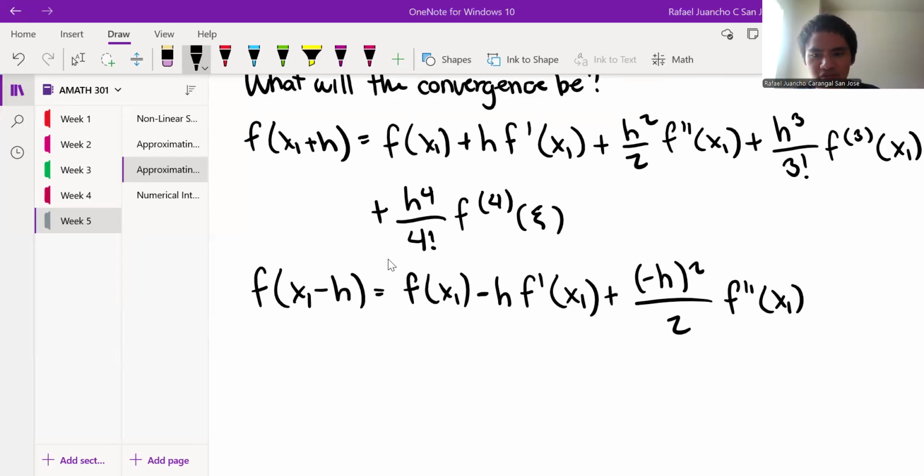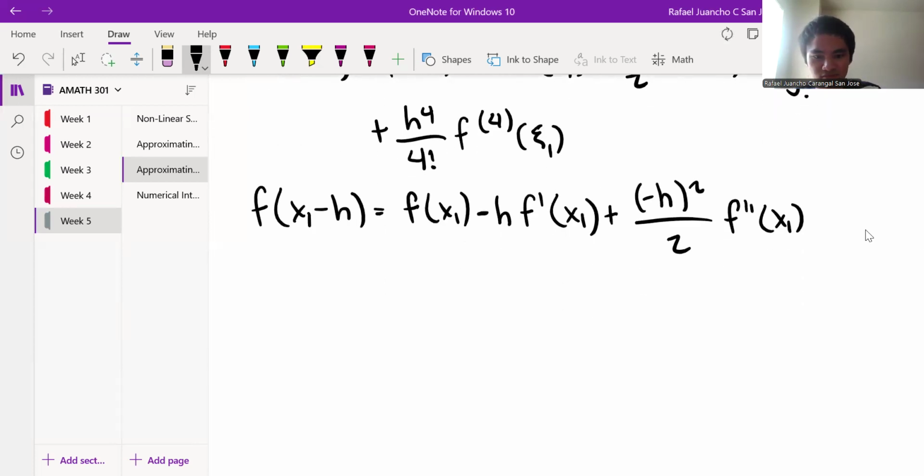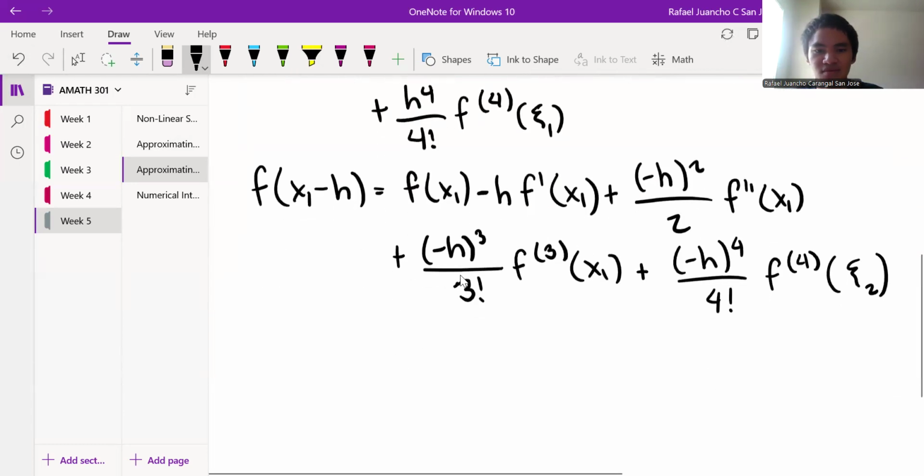Then we keep going until we reach, okay, this is my error term sub 1, because I have an error term sub 2 here, right? So I keep going. Here I go: cube, 3 factorial, I believe. And this is where we do the factorial. Then lastly, we just do it again for the fourth time, and then this is my second error term, right?